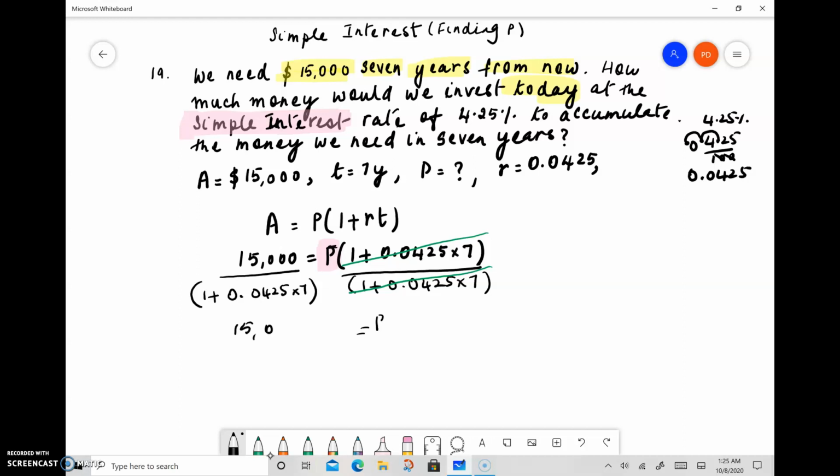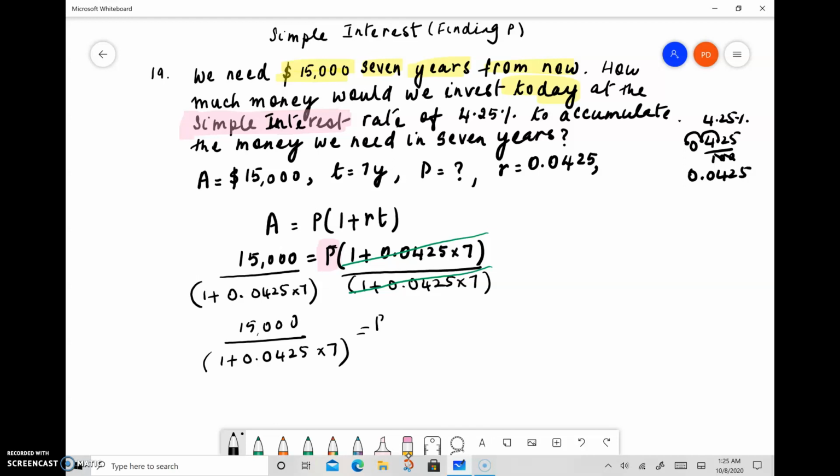P is 15,000 divided by 1 plus 0.0425 times 7.